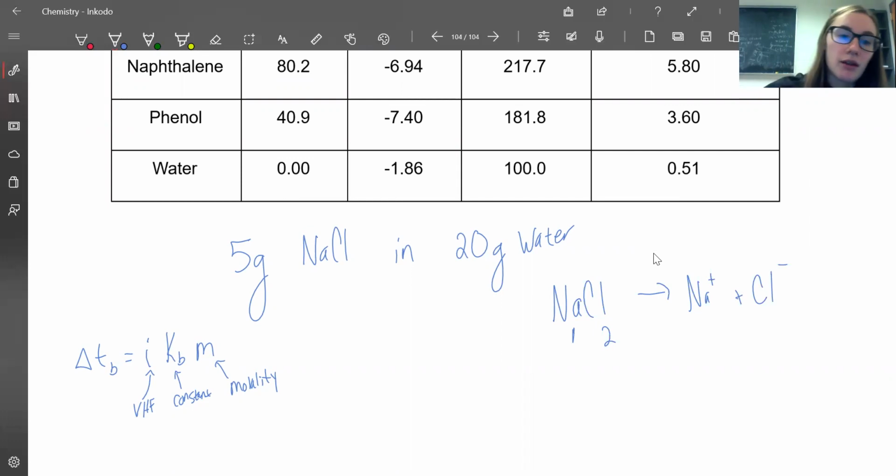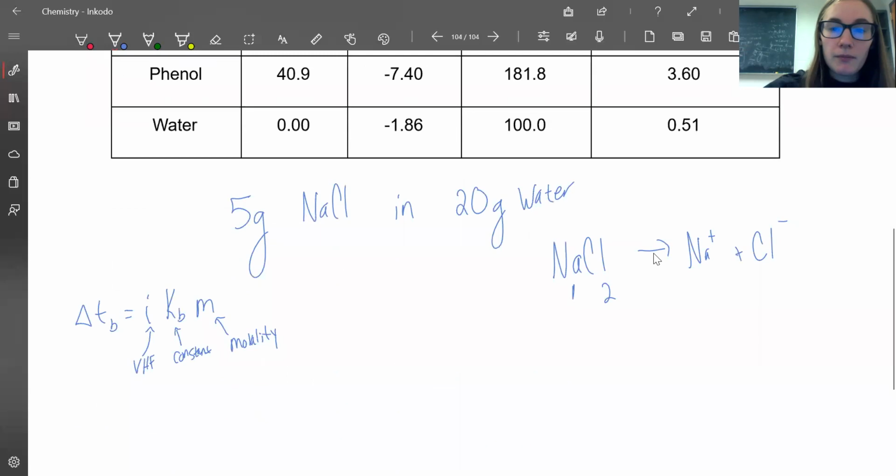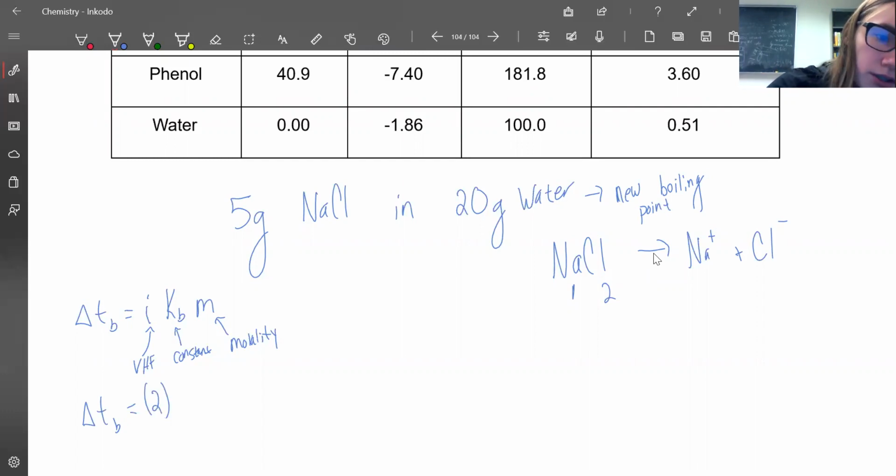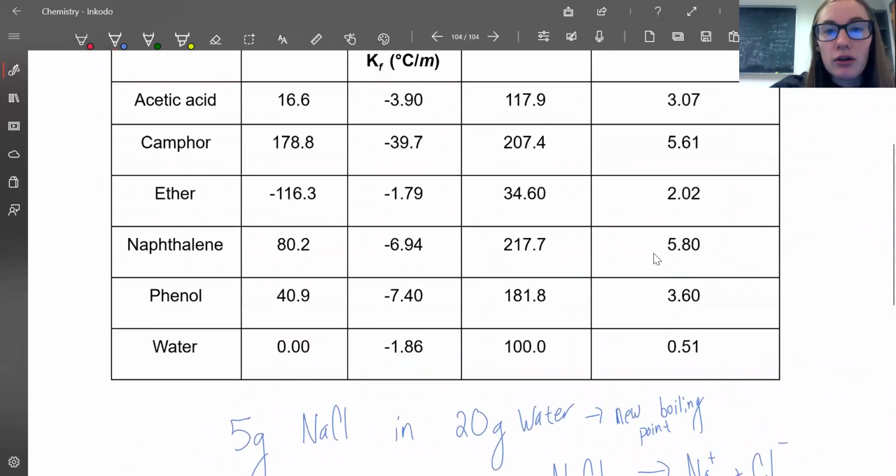Okay. I'm specifically looking for the new boiling point. So if we were going to do this equation, the change in our boiling point is equal to 2 times this constant. So let's look up here.